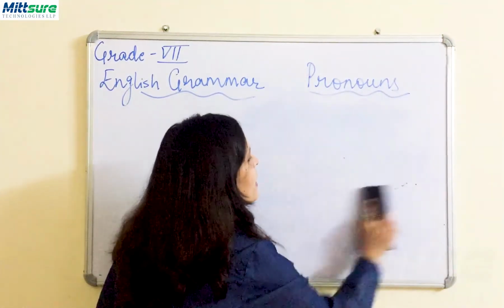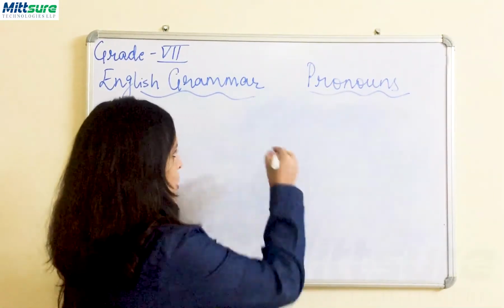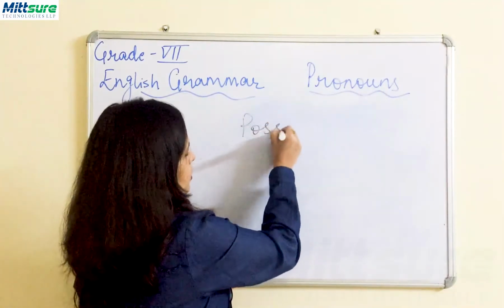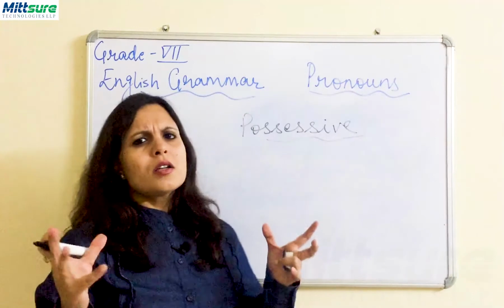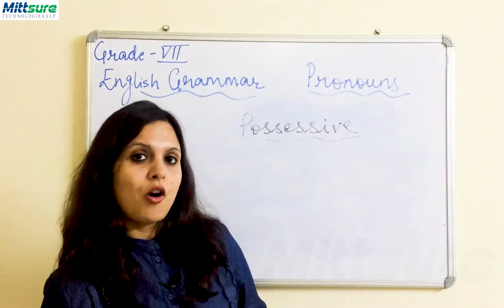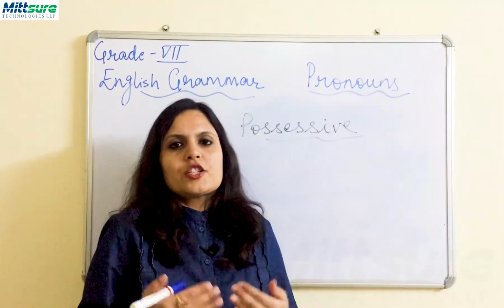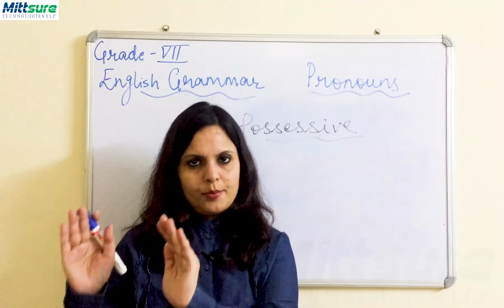Now we will understand the next type of pronoun, which is the possessive pronoun, right? We have already understood the possessive case of noun, which shows the belongingness or the ownership by a particular person.